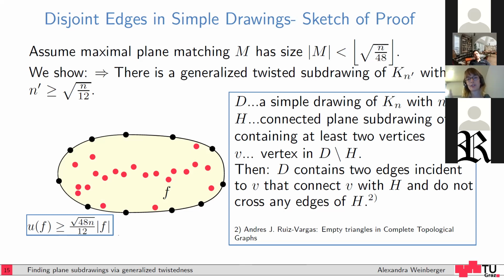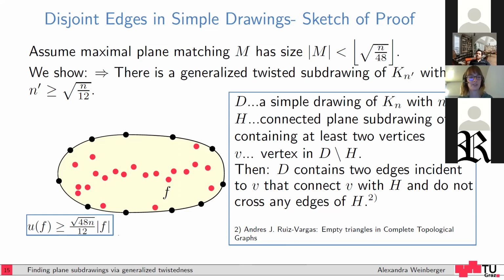And also the vertex V, the vertex that was before separated, is now connected with the plane subdrawing, and both edges are incident to it. And yes, it's a plane drawing in total.